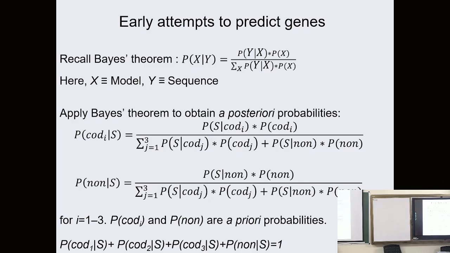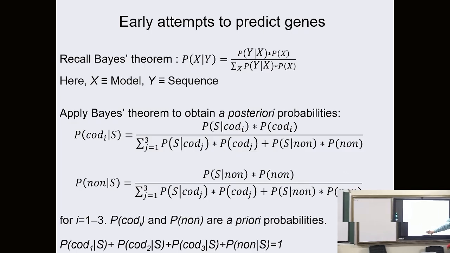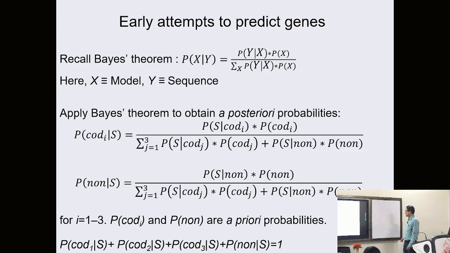Okay, so once these posterior probabilities were computed, they were plotted. A window was moved over a genome, and for each sequence in the genome these probabilities were computed, and then those probabilities were plotted.